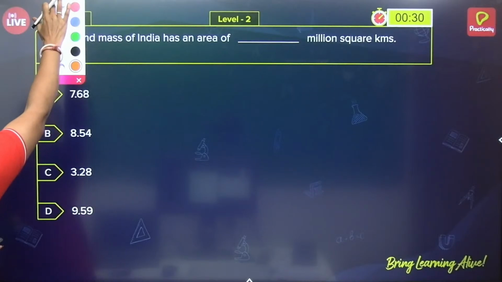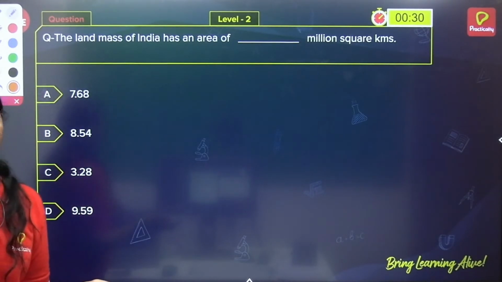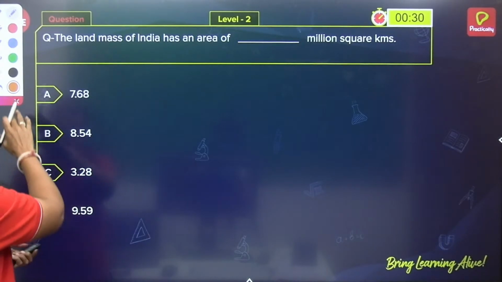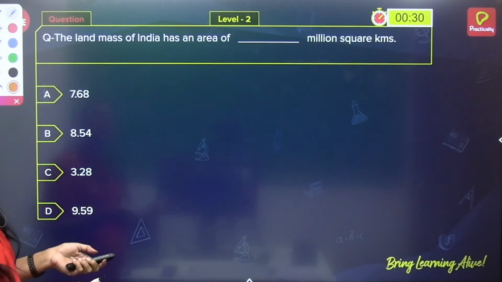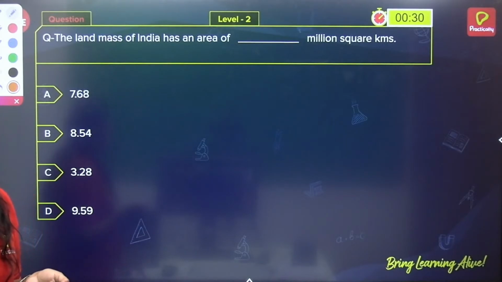Let us have another question here. Please read out this question. The landmass of India has an area of dash million square kilometers. Can I have an answer from you all?